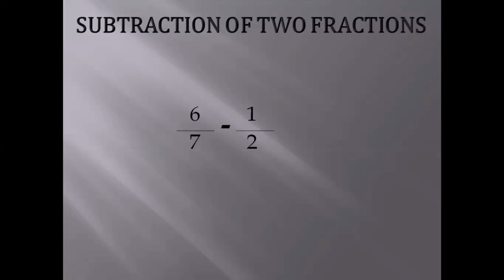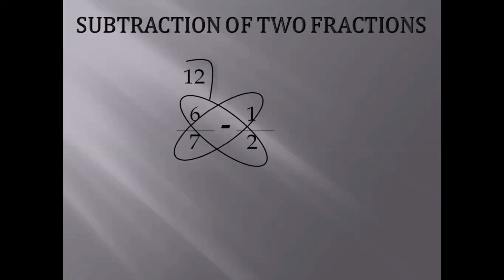First thing you have to do, 6 times 2, that 6 should be multiplied by 2. 6 times 2 is 12. That 12 should be taken first. Then this 7 and 1 should multiply. 7 times 1 is 7. We have to write that 7 here. The middle symbol is minus, that minus should be taken up.